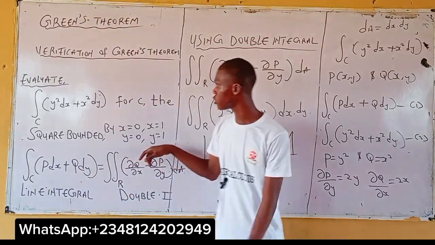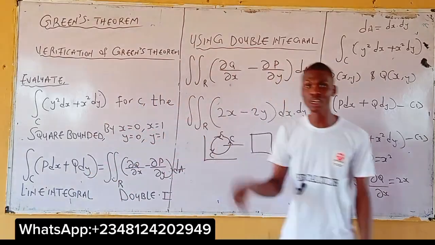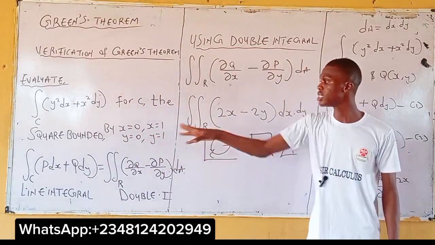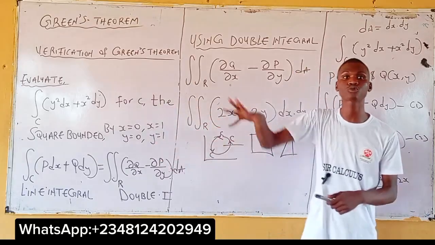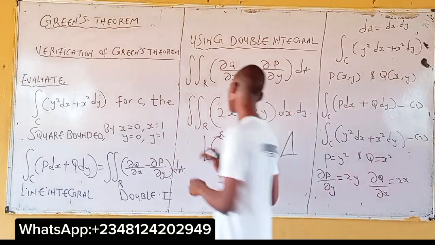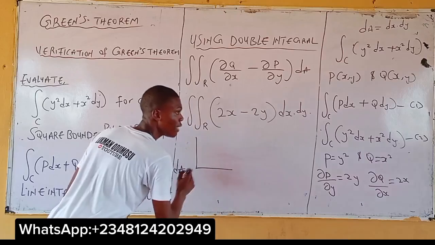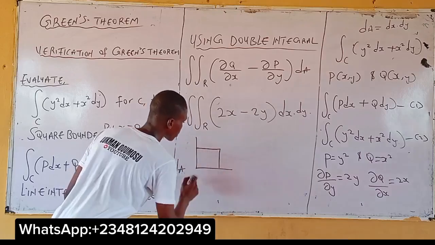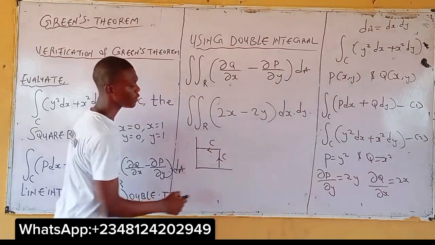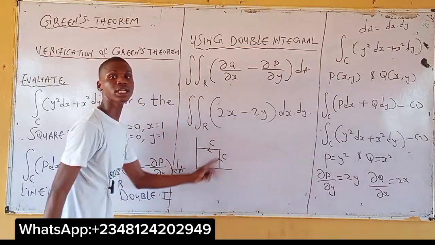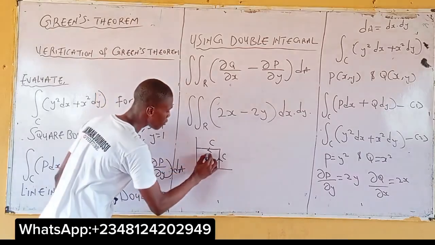Now, back to the question. What type of shape do we have here? Square. Meaning that the simple closed curve in this case is a square. Relating this question to the line integral, you have your y-axis, then you have your square, and this is your C. If this is your C, then the enclosed area is R, from what we explained earlier.